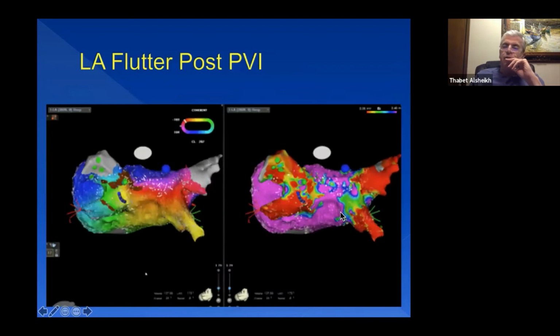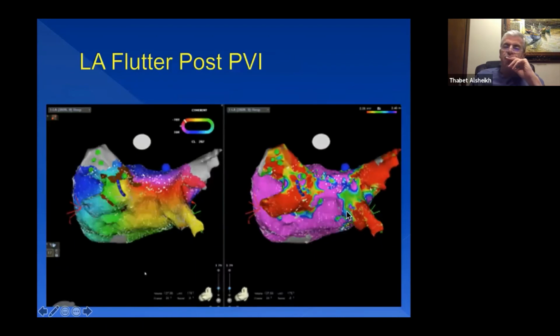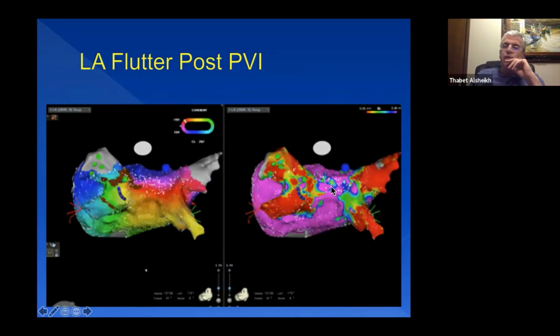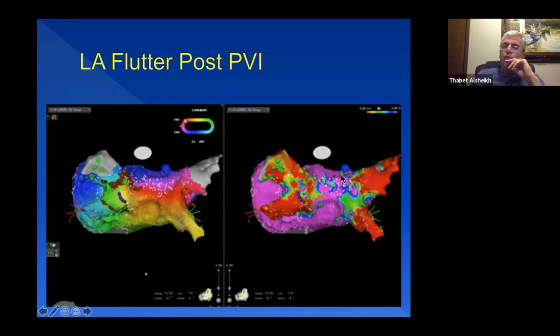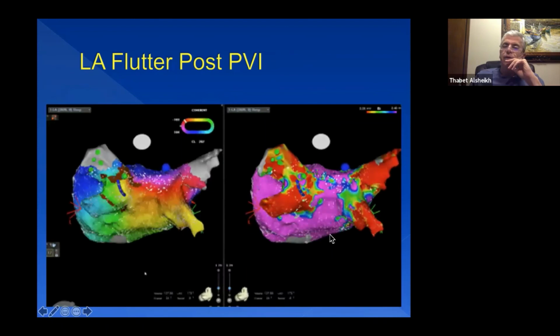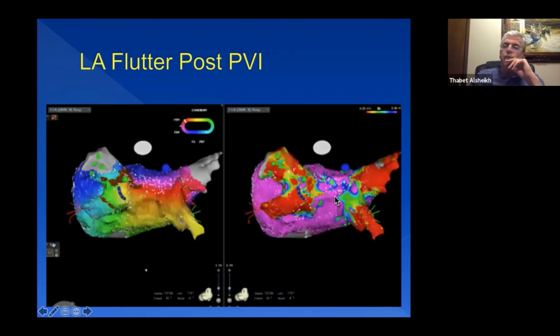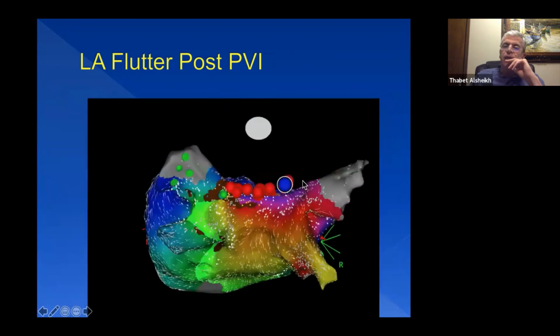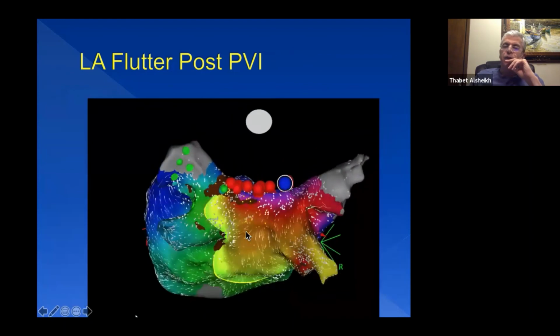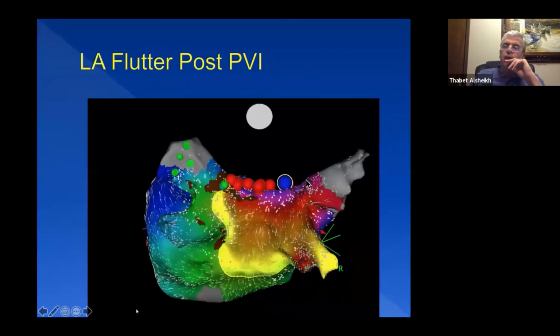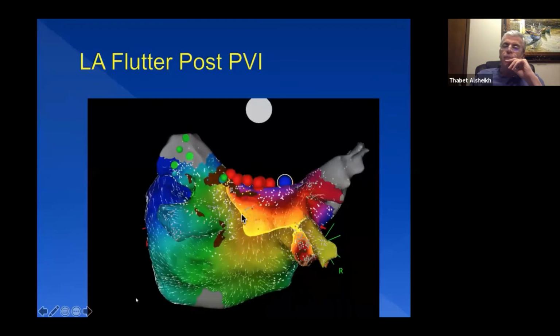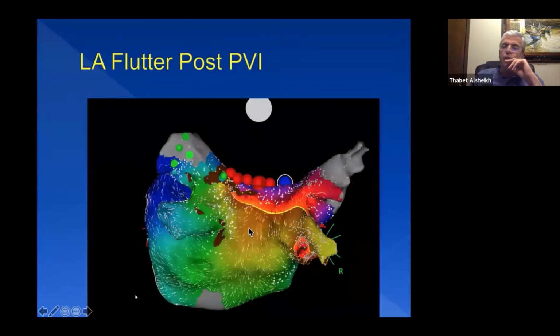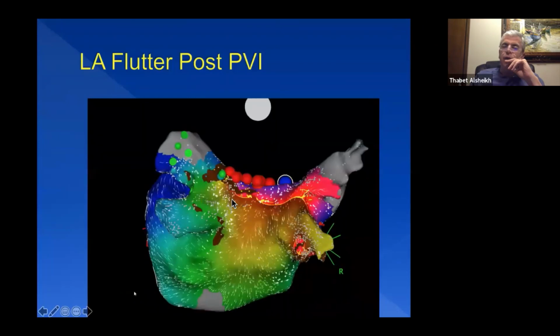after ablation for pulmonary vein isolation for atrial fibrillation. We isolated the pulmonary veins and came back with a re-entry circuit around the pulmonary veins and using the posterior wall. And this is the activation wavefront using the posterior wall. And the way to stop that circuit, you can put a line anywhere in the posterior wall here or anteriorly.